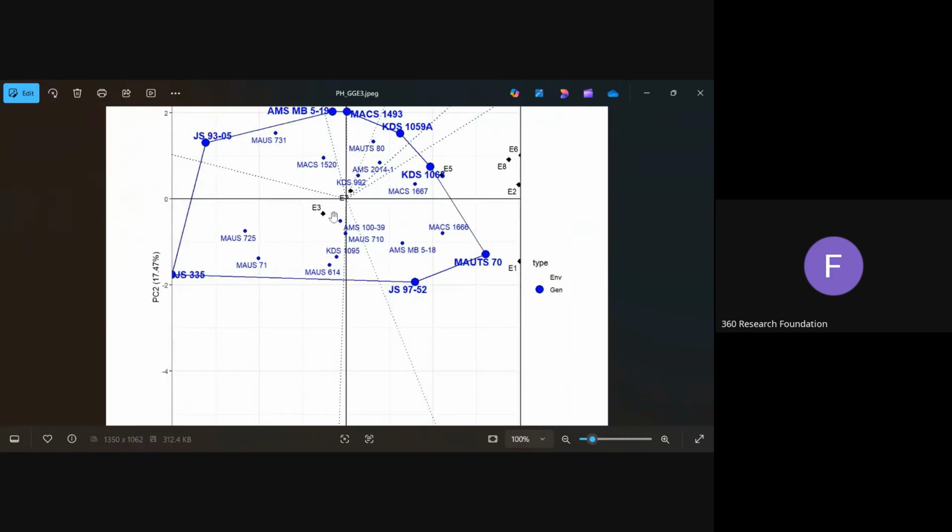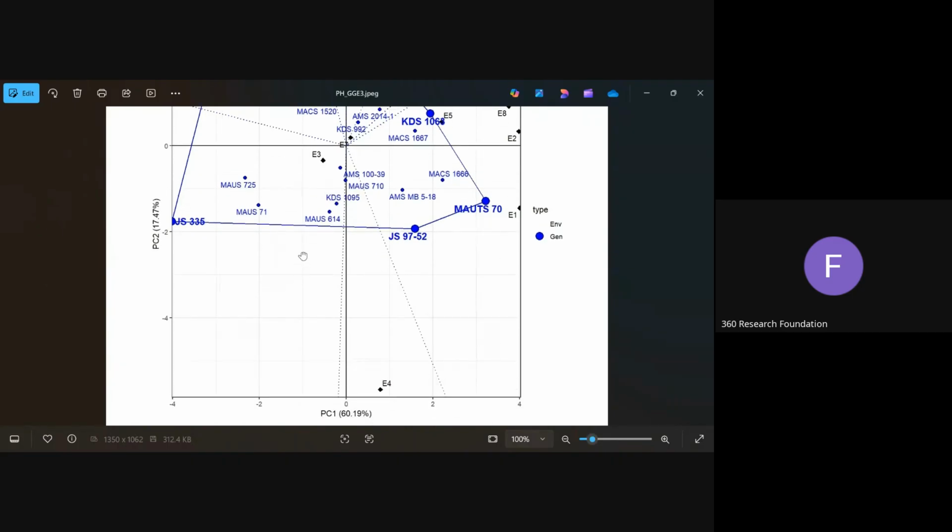Yeah, E7 and E3. Even E5 is also out of that polygon, E2, 6, 8, 1. And where is that lonely fellow E4? He is creating his own path.